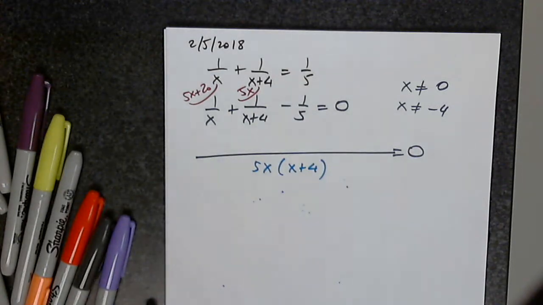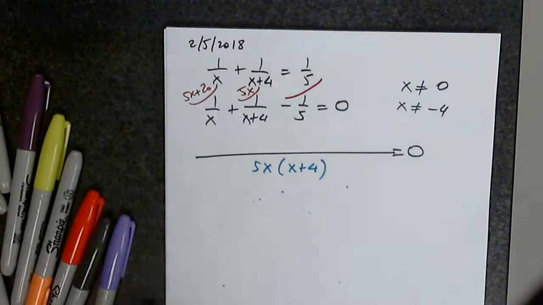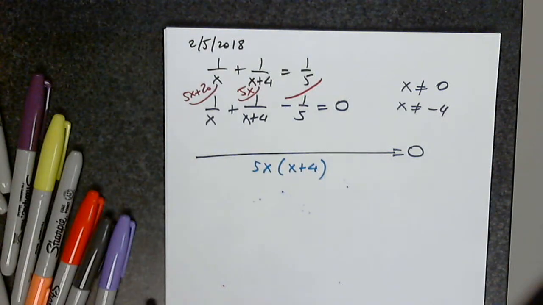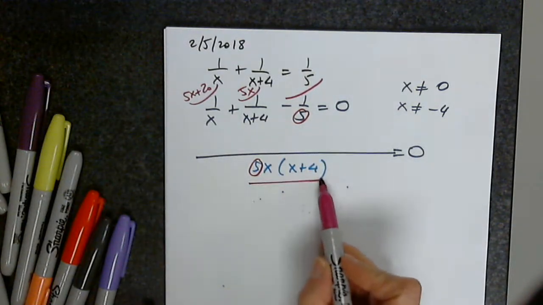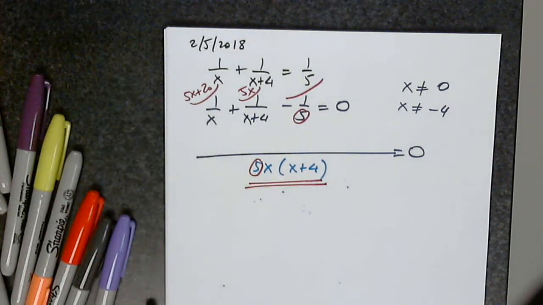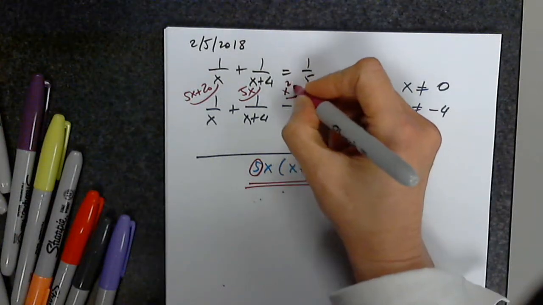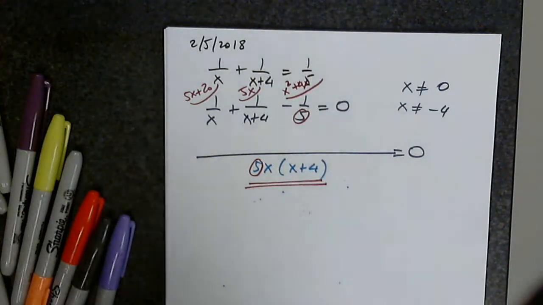And finally, 5 was multiplied by? So if 5 is here, and I multiply 5 by something to get this, it cannot be 1 or it cannot be 5. It must be exactly x times x plus 4. Exactly what it does not have, which is x squared plus 4x.